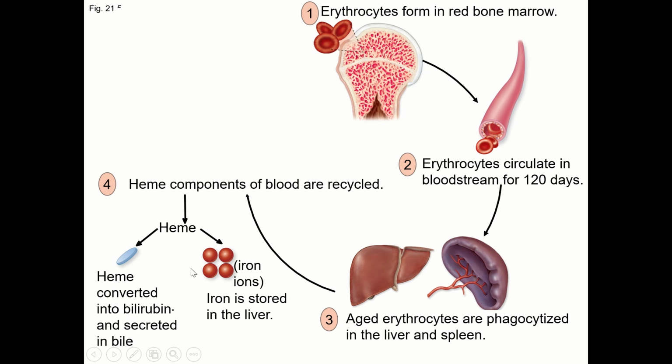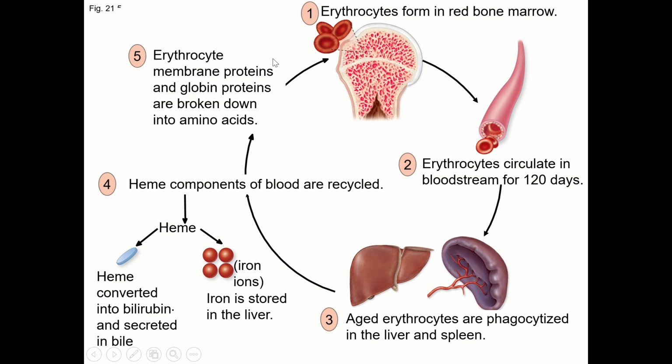And we'll come back to bile when we do the digestive system. Iron, the ions that were at the center of the heme molecule, are going to be stored in the liver and then released back into the bloodstream to get sent back to the bone marrow to make more red blood cells. But your liver is constantly storing lots and lots of iron, which is why the liver is a very healthy organ to eat, because it does have lots and lots of iron and other minerals stored up in it.